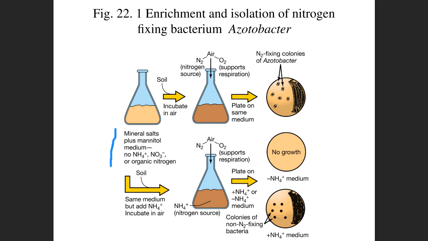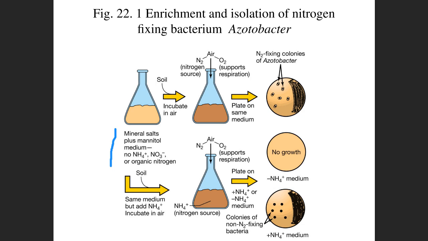So in this bottle you put soil. What's in the soil? Soil contains lots of bacteria. And then after that, you use a pipe to provide nitrogen gas and oxygen gas, and you bubble it.